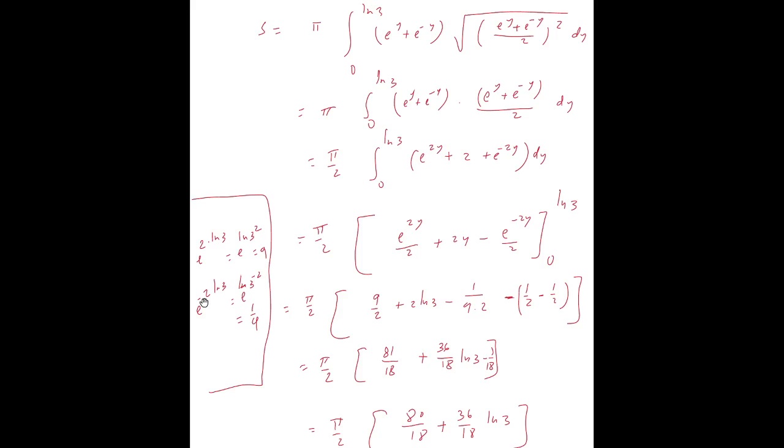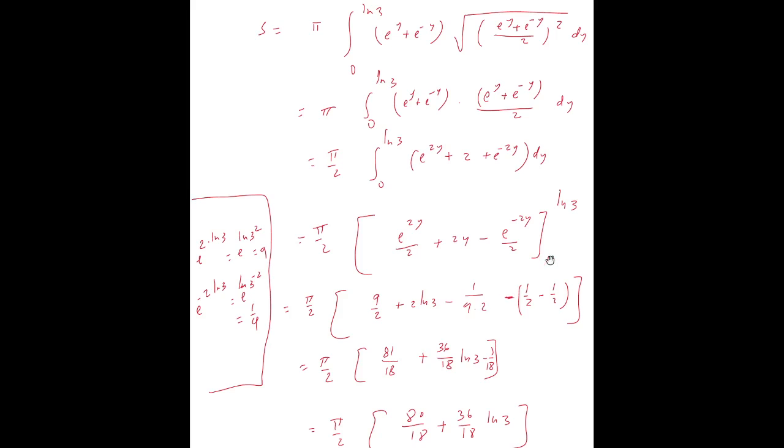By using the power rule, this negative 2 goes to 3 to the power negative 2, which is eventually 1 over 9. E to the power ln, they will be cancelled out. So this gives us 9 over 2. This gives us 2 times ln 3. And this gives us minus 1 over 9 coming from here, and then 2 is already there, so 1 over 9 times 2.